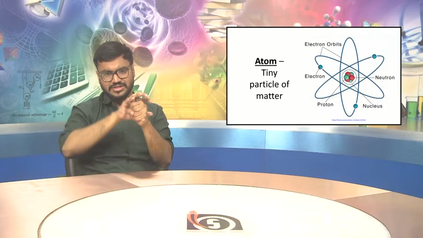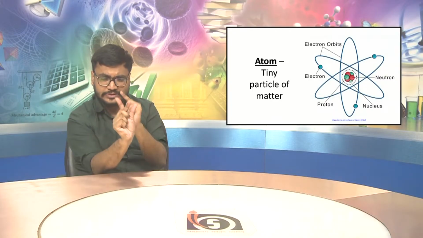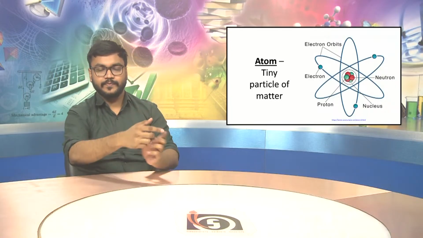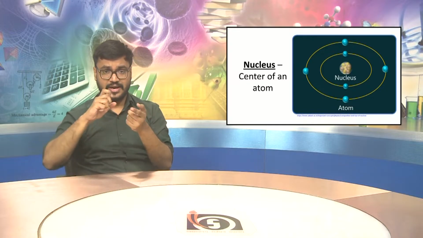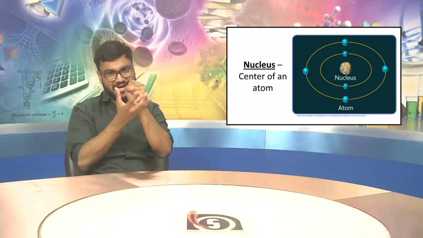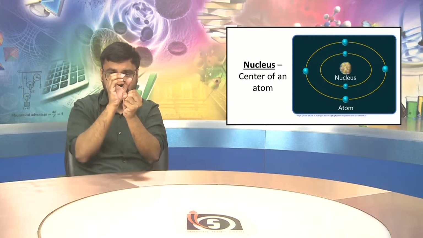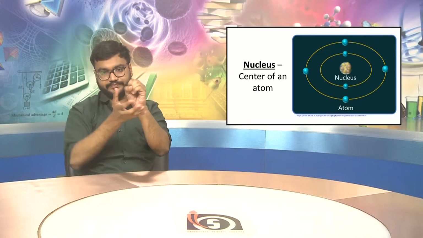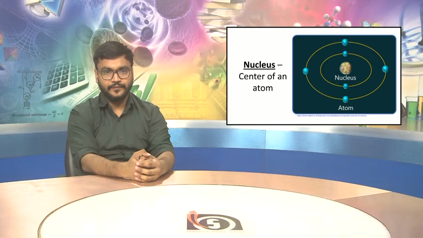Next is atom. We all know that the atom is the tiny particle of matter. And next is nucleus. Nucleus is the center of an atom. It includes neutrons and protons.